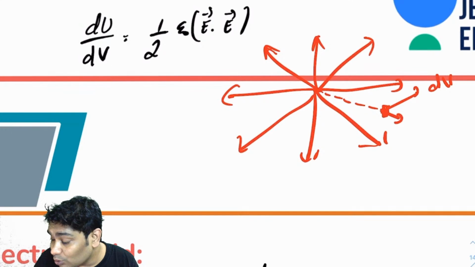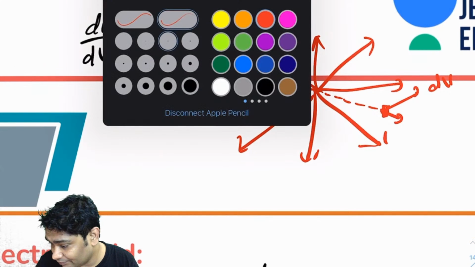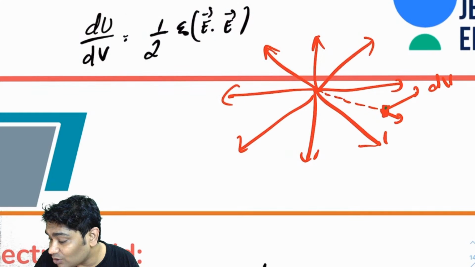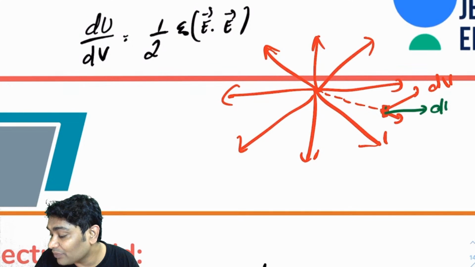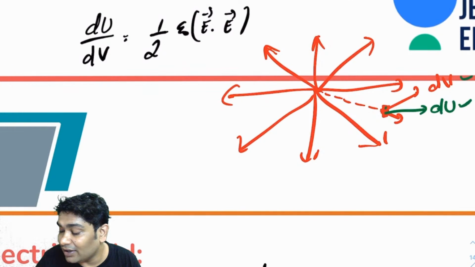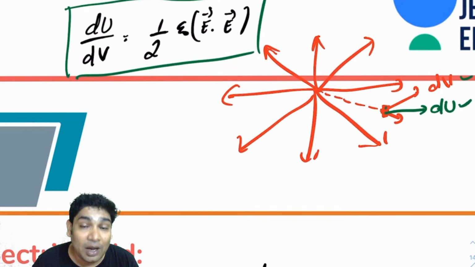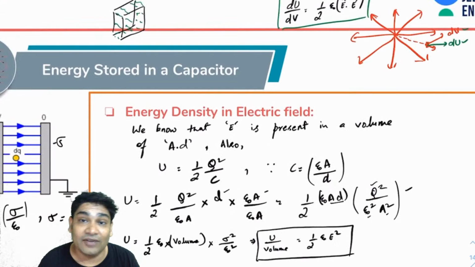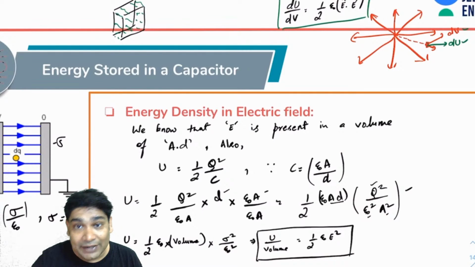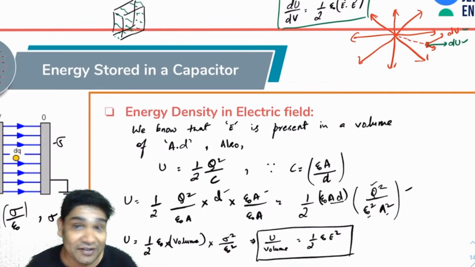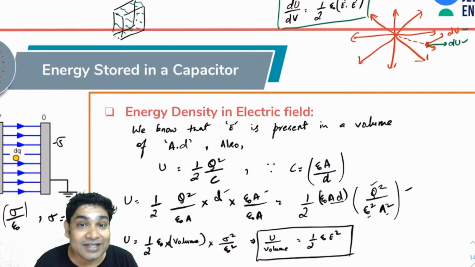So if the energy stored in this volume is dU, then dU and dV are related by this. dU over dV is this. Now you can integrate to find the total energy stored. This is where we get this expression from. We got this expression with the help of capacitors, and then we started using it everywhere. And it turns out it gives the correct results.